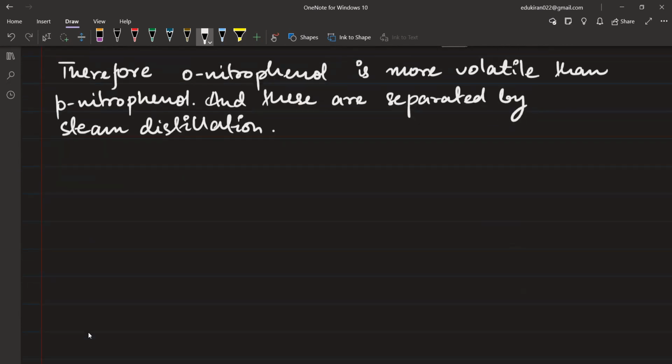I hope you have written the structures. Then you will write for concentrated HNO3. This was dilute HNO3. It leads to formation of a tri-substituted product.